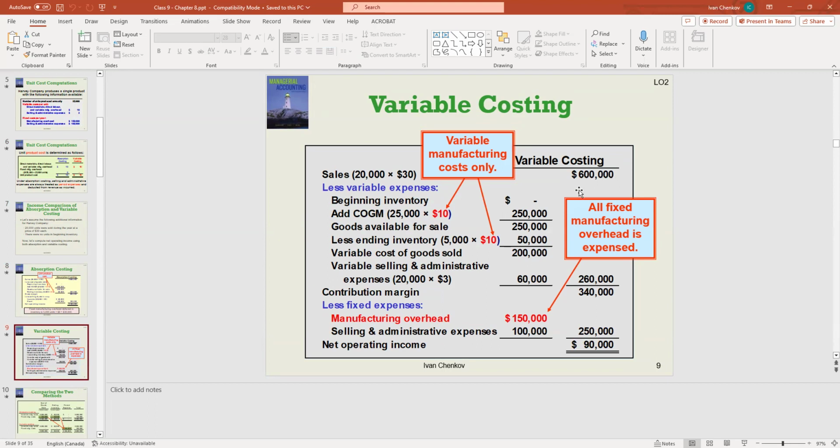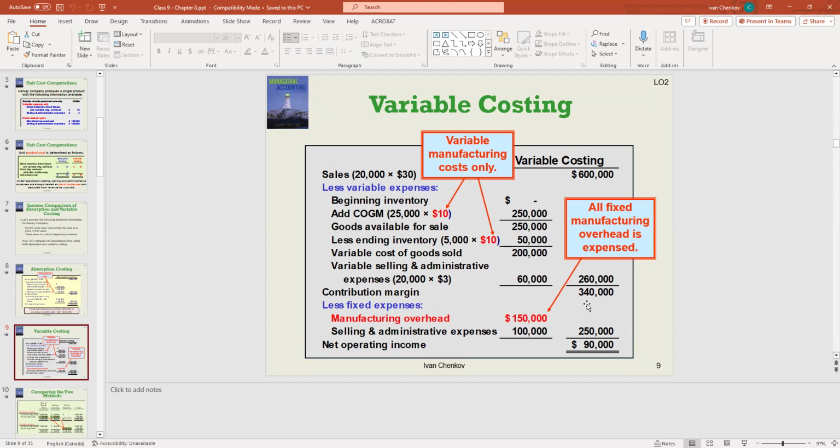So let's see what's happening here. Sales against sales, 600 on one side, 600 on the other. Cost of goods manufactured here is cheaper by $6 per unit over 25,000 units, 250. Available for sale, 200. Now the ending inventory is only 5,000 times $10, 50,000. Since we treated fixed as period cost, now we're adding the selling administrative expenses, which behave as variable, 20,000 times $3 per unit, 60,000.